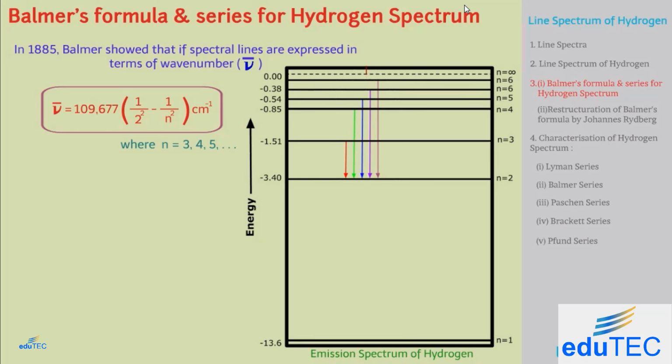The series of lines present in the visible region of the emission spectrum of hydrogen can be obtained by this formula, and this series is called Balmer series.